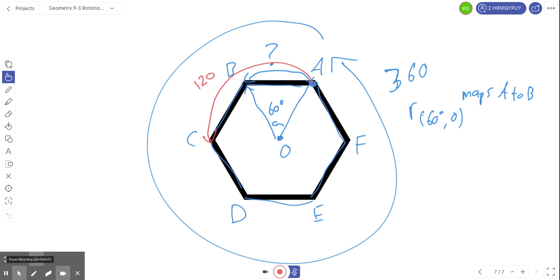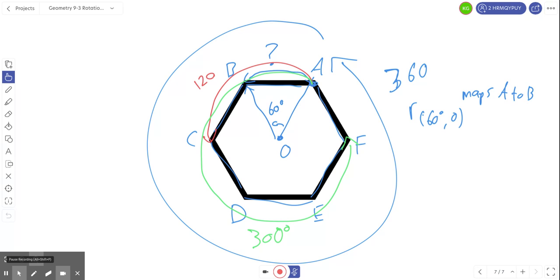What if I wanted to map A all the way around to F? Well, that would be 60 times 5, which is 300 degrees, or it's also 60 less than a full rotation.